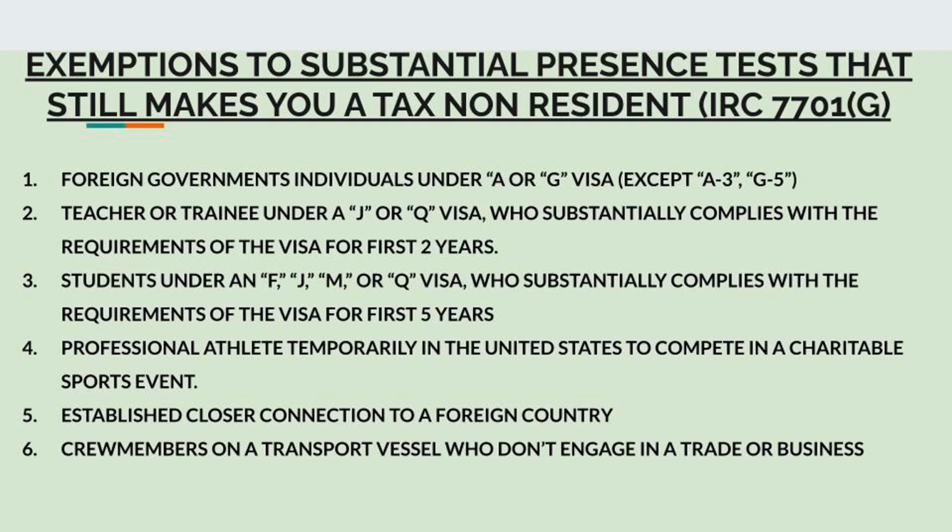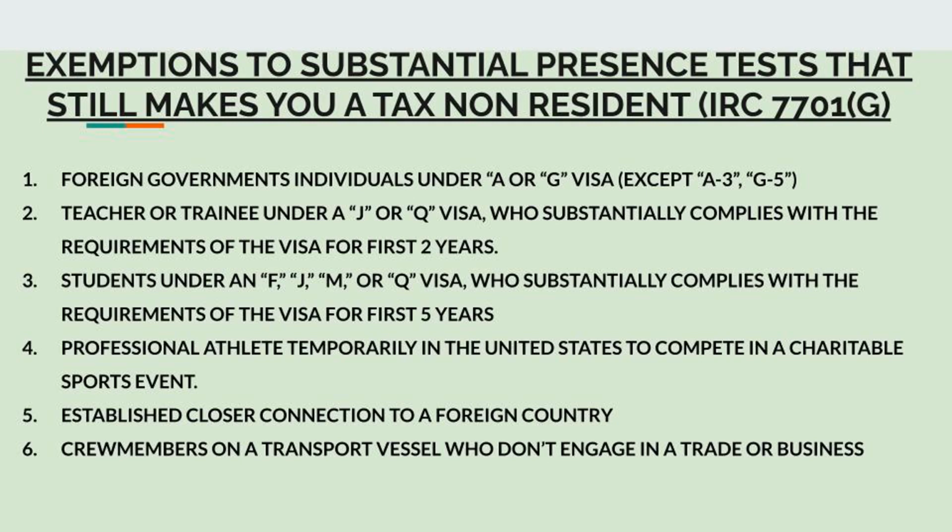Now, even though you may have been in the US under the substantial presence test more than 183 days, if you can establish a closer connection to the foreign country that you're from or a resident of, you could still exempt yourself from tax residency.